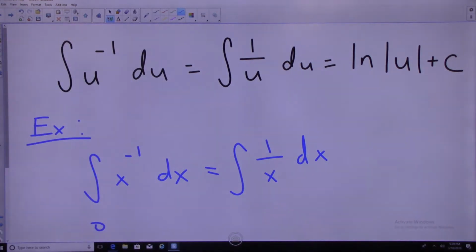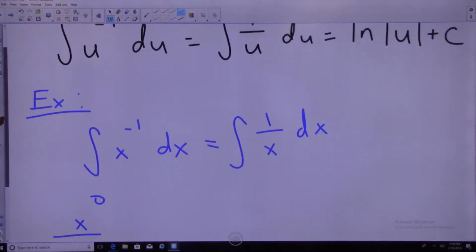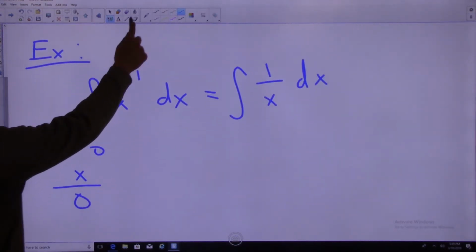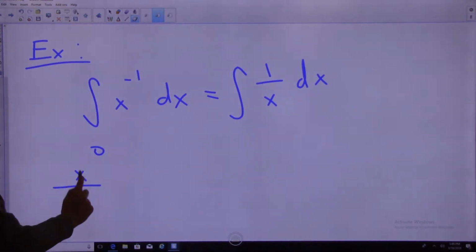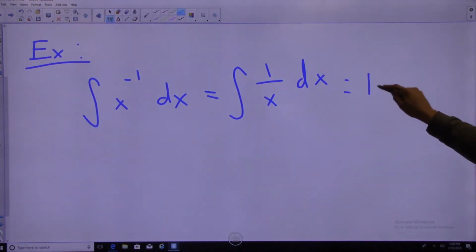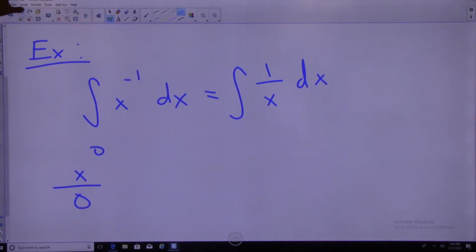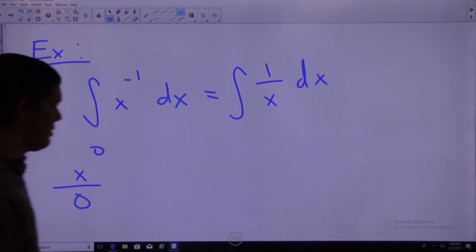So it is actually ln of the absolute value of u plus c. In order to evaluate this, the answer here is going to be ln of the absolute value of x plus c. That kind of gives you an idea. It was x to the 0 over 0.